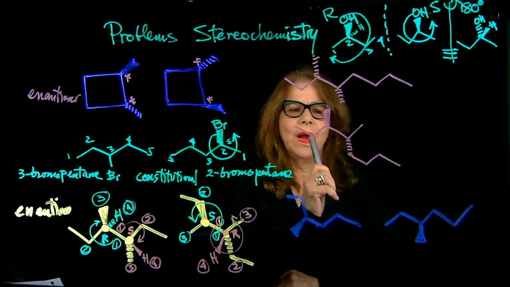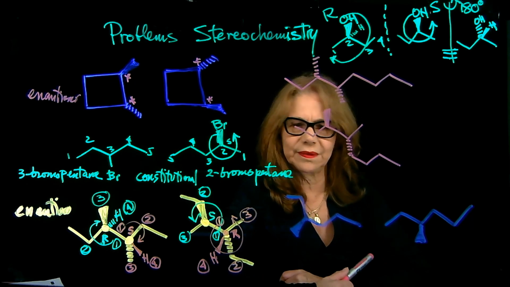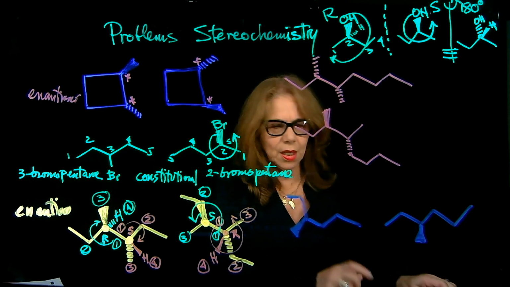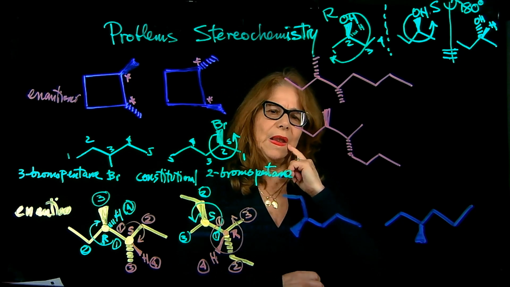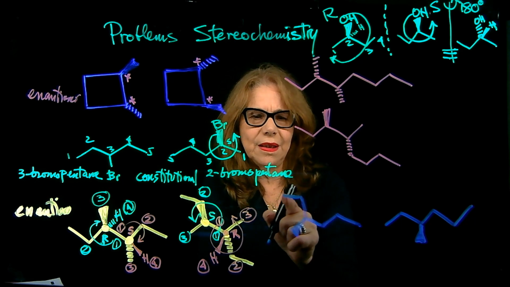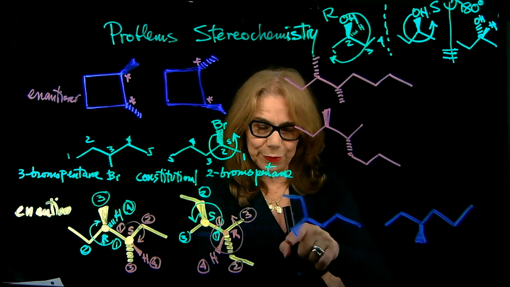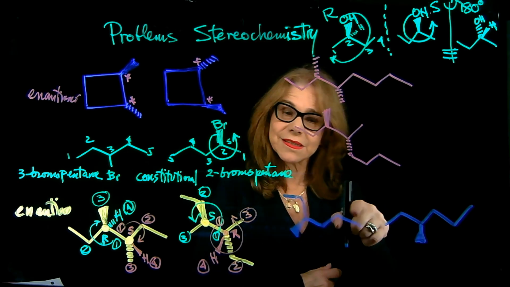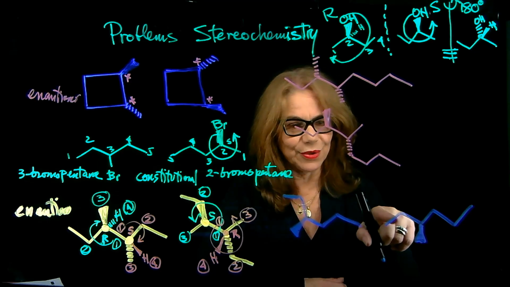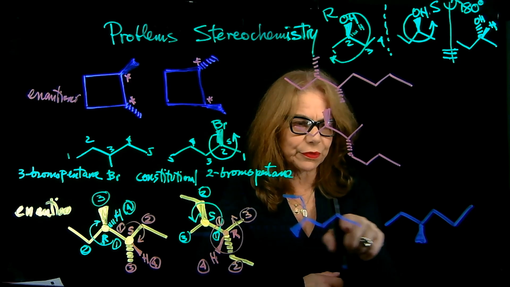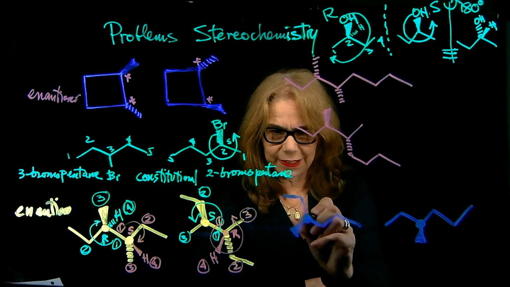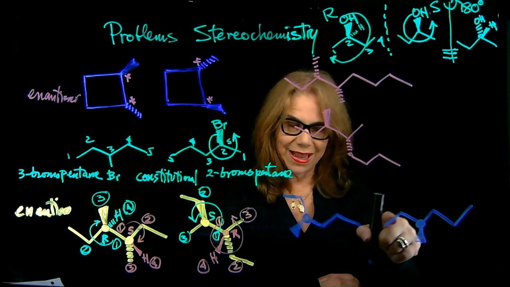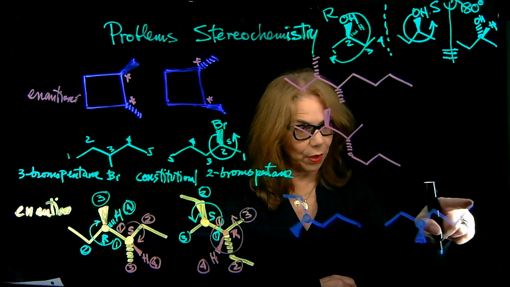Let's do this. Let's see what happens. So there is one chiral center here, and this center has ethyl, propyl, methyl. But this is simply the same molecule. Notice here, in the same configuration, this carbon right here that I'm putting the dot on is a chiral center and is attached to an ethyl, a propyl, and a methyl.